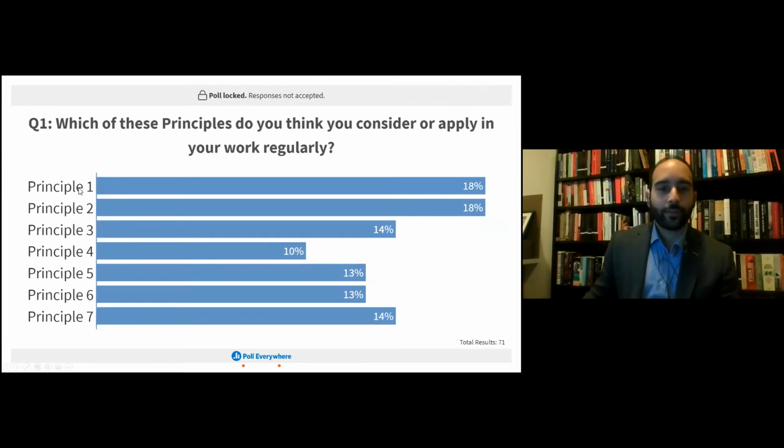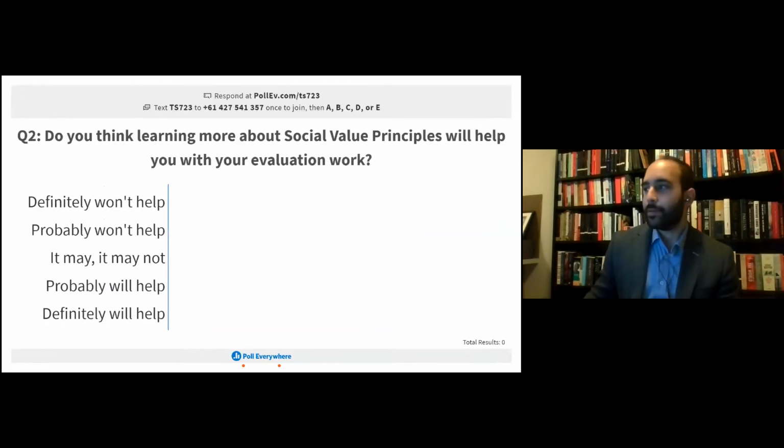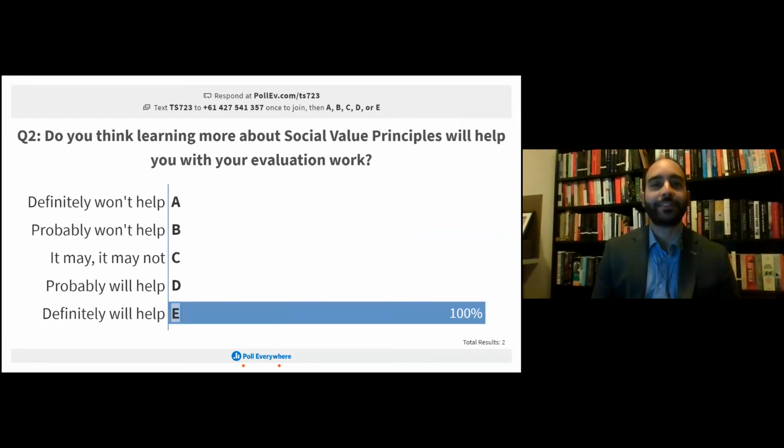Thank you all for doing that one. I've just got a second one that's probably putting myself on the spot a bit, but hopefully this one's come up. So you obviously are interested in learning about this. That's why you're here tonight, hopefully. But it'd just be great to get a sense of how everyone thinks this is going to help with their work based on what you've seen so far.